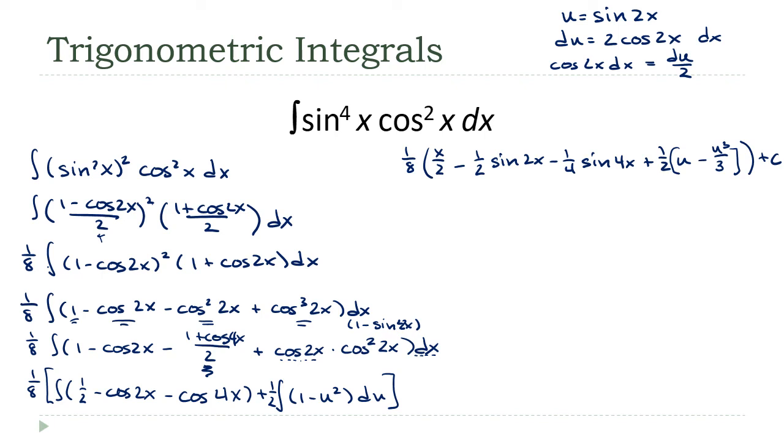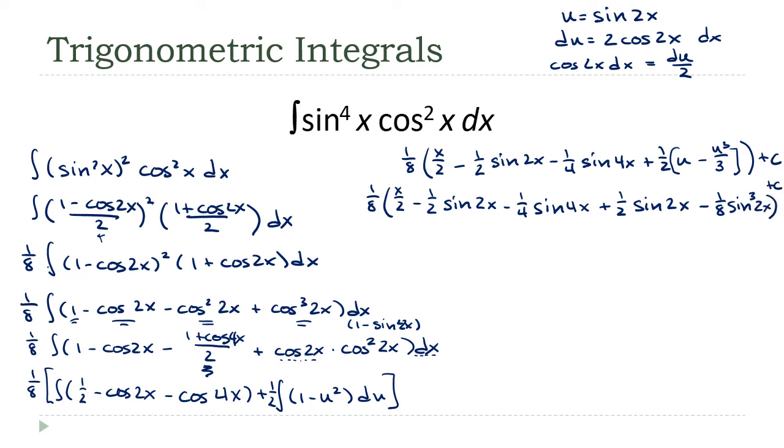Okay. Almost it, right? Thankfully. This is maybe a little more room. Let me go a little further over. 1/8 times x over 2 minus 1/2 sine 2x minus 1/4 sine 4x plus 1/2 sine 2x minus 1/8 sine cubed 2x plus that constant.